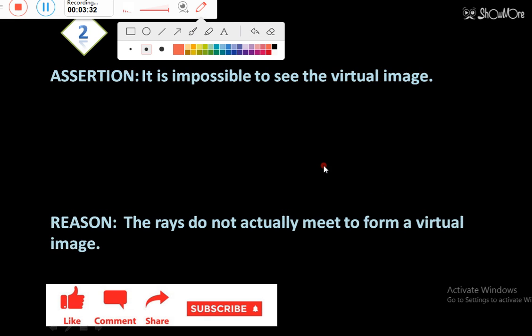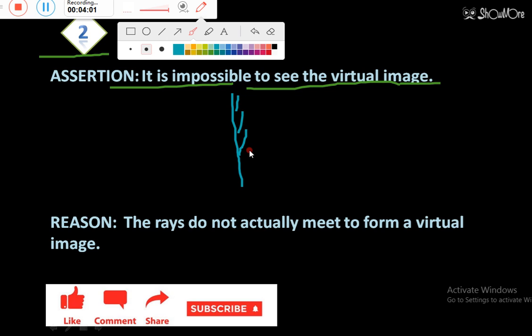The next question is: it is impossible to see a virtual image. Now we are on the second question, and the assertion is saying it is impossible to see a virtual image. But students, you can easily answer this question without reading the book. We look at our image in the plane mirror daily.